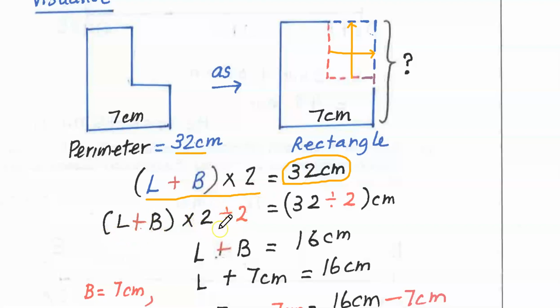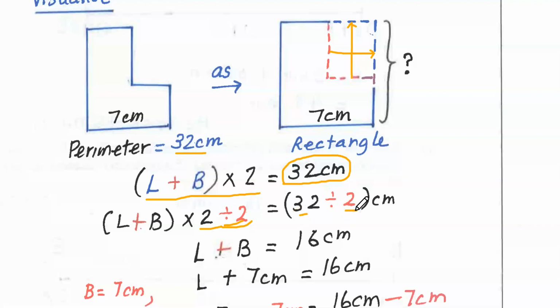Now to make this part nothing, what I do is take 2 divided by 2, which gives me 1. It means L plus B times 1 is L plus B. So if I divide the left hand side by 2, the right hand side 32, I divide by 2 too.